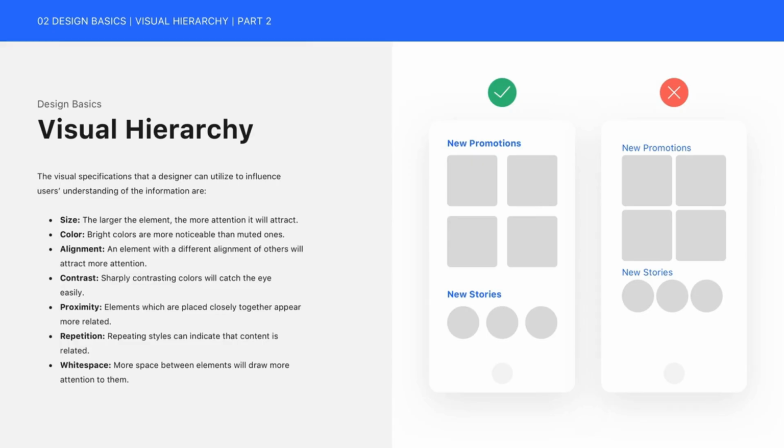As you can see in the left screen, we have enough white space between our elements and our sections, so the users can easily walk through the user interface. However, on the right screen, you can see that all elements are very close together, and there is not enough white space between all elements in that kind of layout.